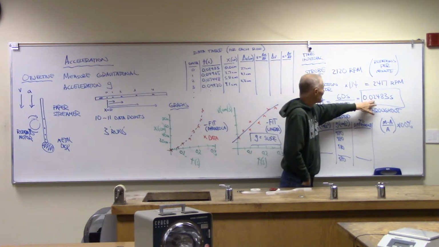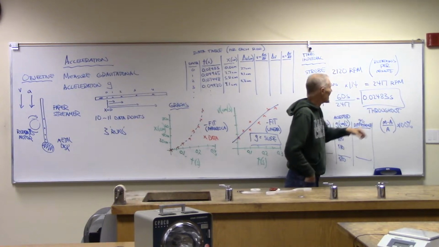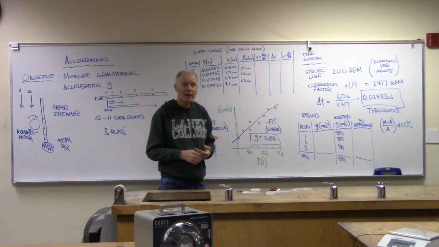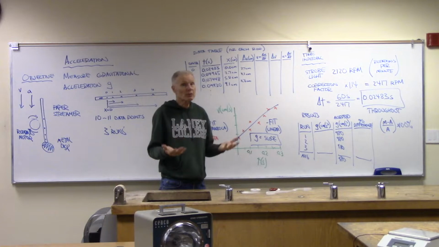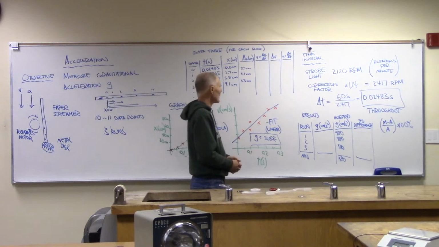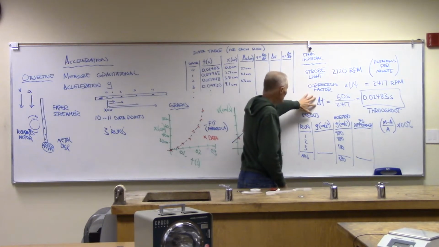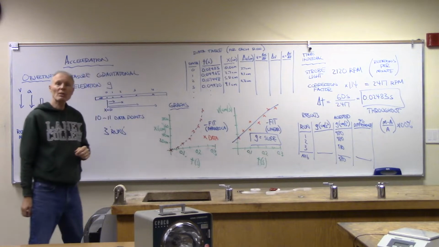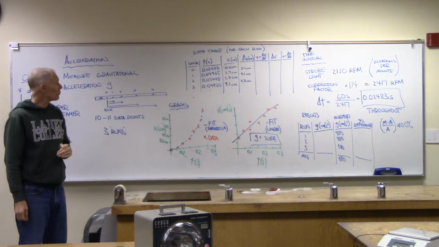It came out to be 0.02483 seconds, or about 25 milliseconds, which is the time interval between successive hits. So as you can see, it's a pretty short amount of time that we're looking at. That's going to become the delta t for everything that we do, and we're going to refer to that delta t quite frequently.